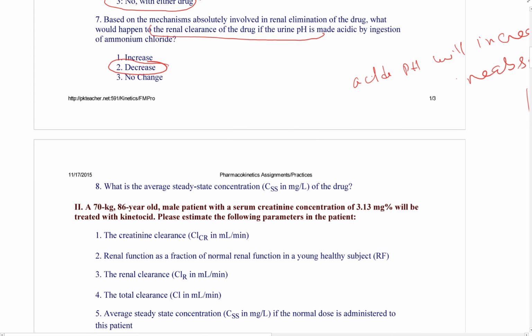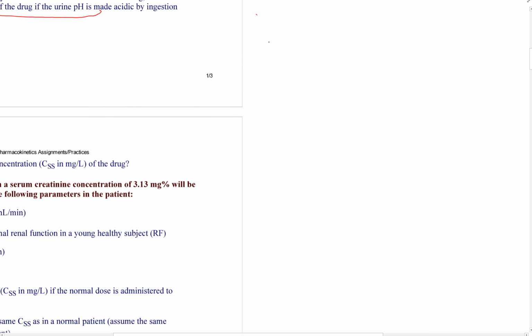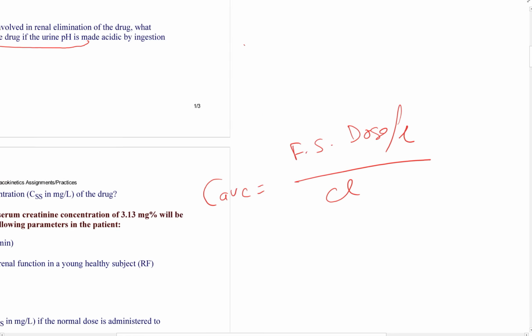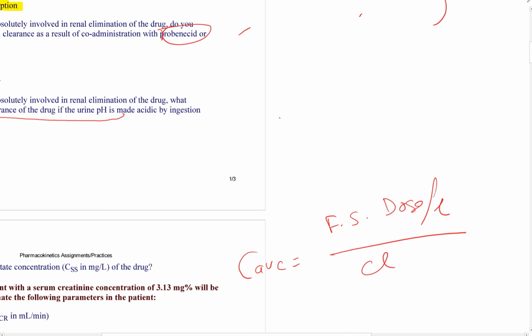Then what is the average steady state concentration of this drug? To calculate it, we have to use this equation: C average is equal to F times dose divided by tau, divided by clearance.